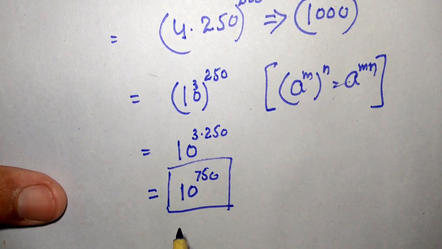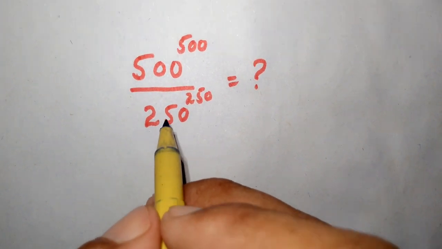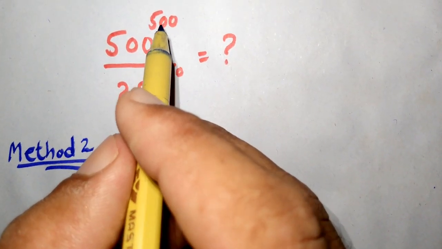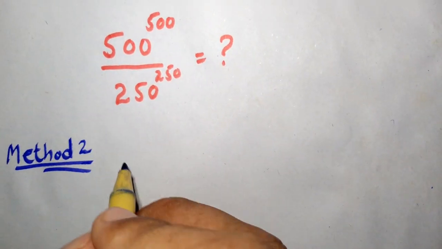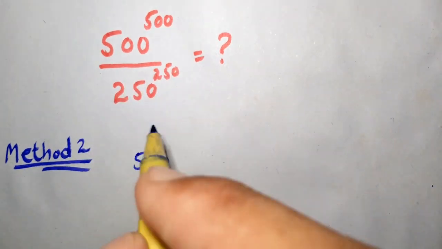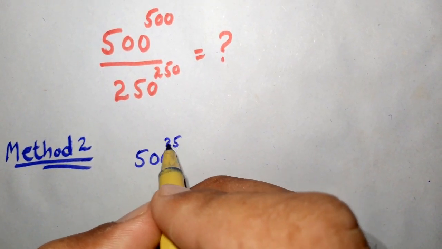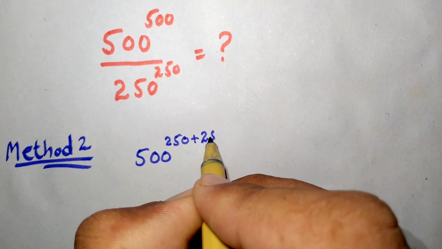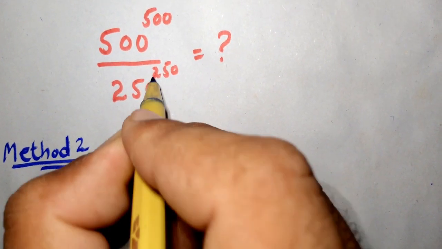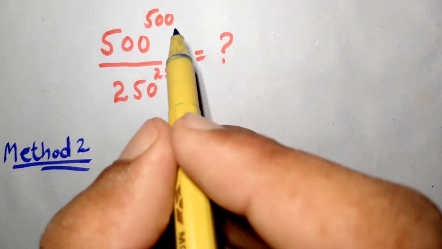Now we have to solve this question by the second method. Now we simplify this by method number two. So in the second method, the question is 500 to the power of 500 divided by 250 to the power of 250. This power can also be written as 500 is equal to 250 plus 250. Here 250 plus 250 is equal to 500.